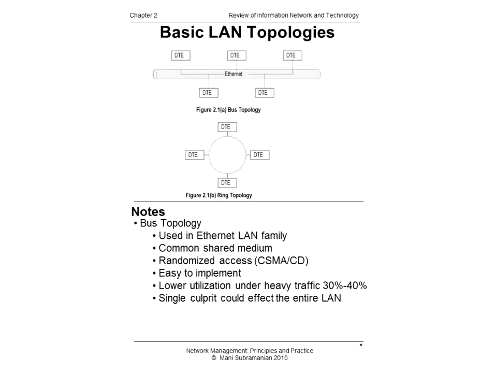So first of all, you can see this is the basic LAN topology. Here DTE stands for data terminal equipment. So here we have an Ethernet and these are the data terminal equipments. This is the bus topology and this is the ring topology.